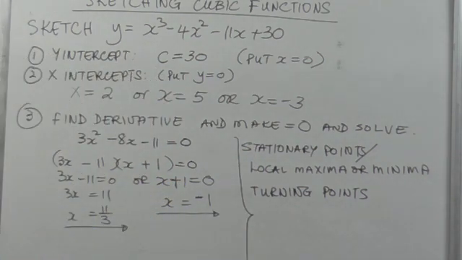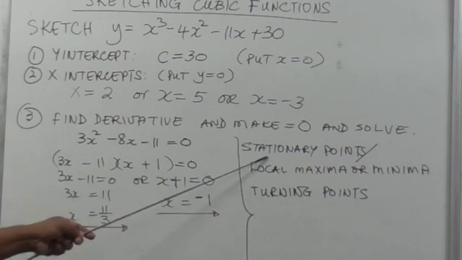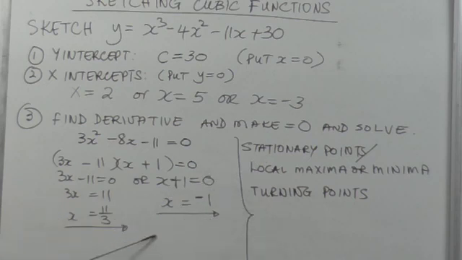Now what do you do after finding the derivative? We have found the x values of the turning points. We found the x value, and now we need the y values.